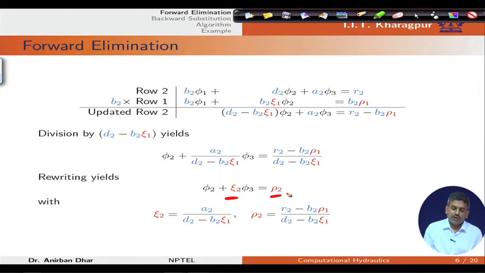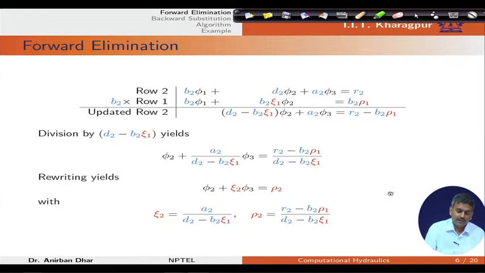So, we will utilize our A vector for storage of xi 2 directly, and for the R vector we can store this rho 2 value directly.